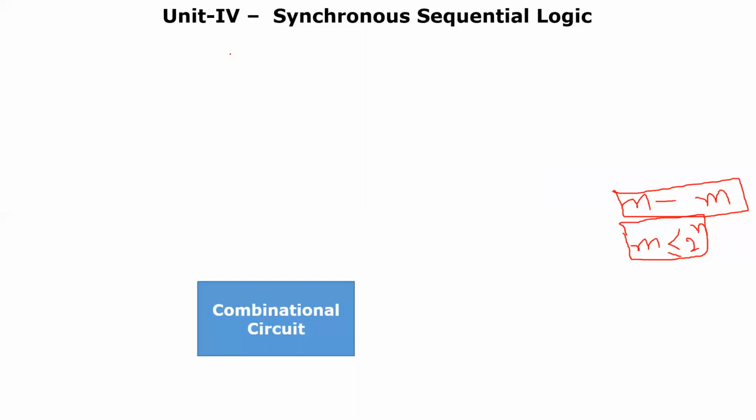Whereas in synchronous sequential logic, whatever two points I have given in terms of combinational logic, here also I would like to give you two points. Inputs might be n number of inputs, and here you have outputs which might be in its original form and its complementary form.